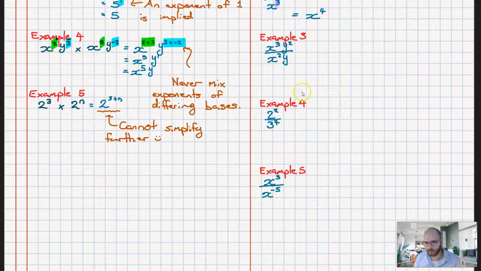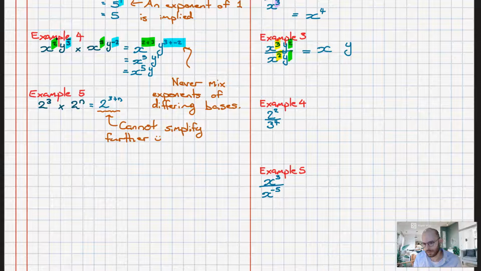Example 3 now. We are dealing with an algebraic quotient that has multiple factors in both the numerator and the denominator. So we need to identify the factors that have common bases. We've got the x's and we've got the y's. Highlighting, we have 3 and 2 on a common base, and 2 and then an implied 1.